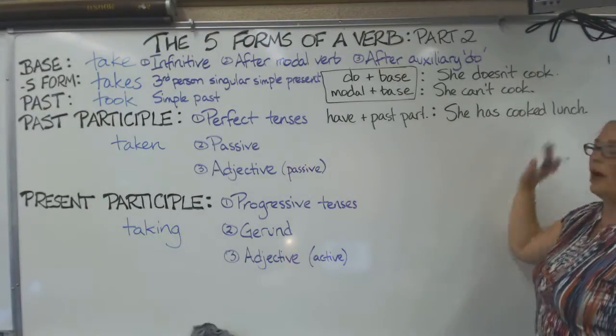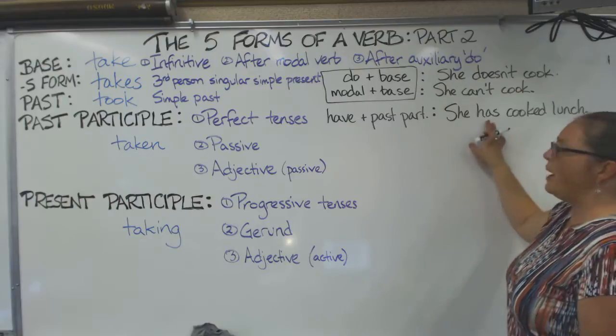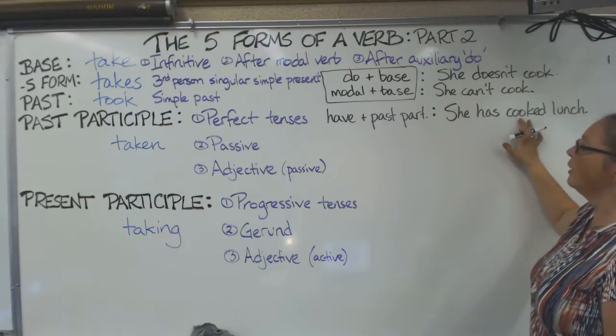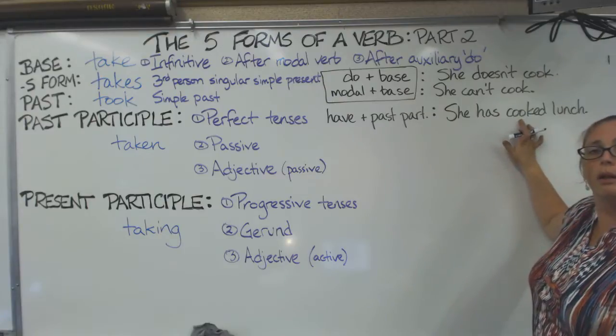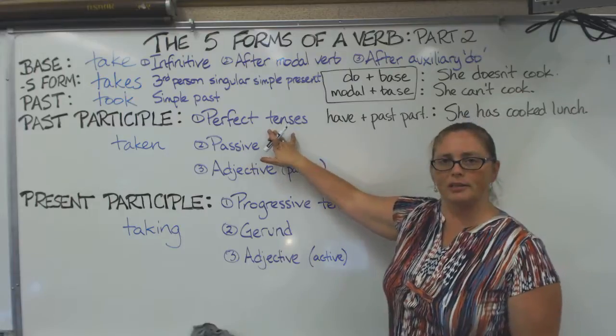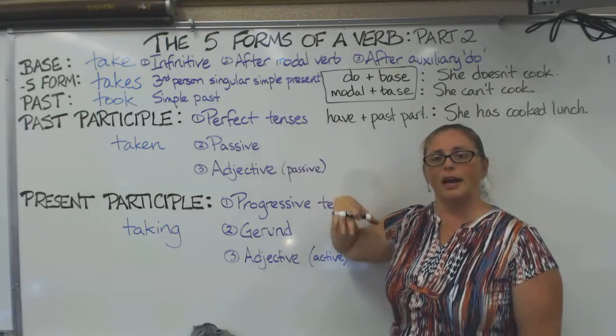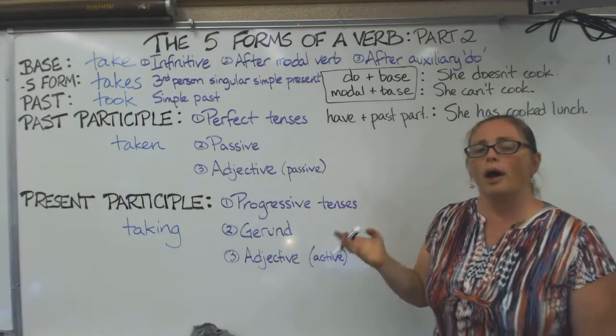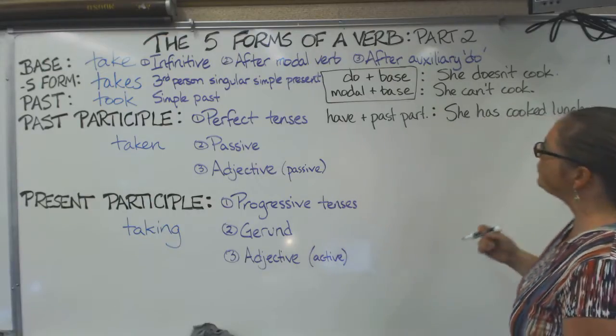She has cooked lunch. This is not a main verb has. This is an auxiliary verb before the past participle cooked, to show a perfect tense. A perfect tense, giving an idea of something happening before a point in time.